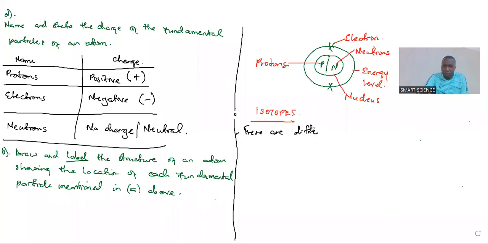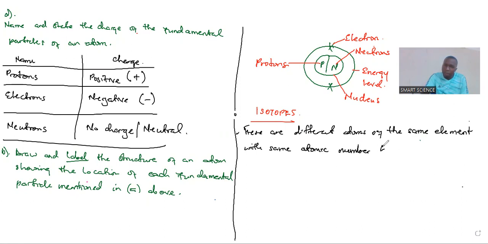So these are different atoms of the same element with same atomic number, but different mass number.